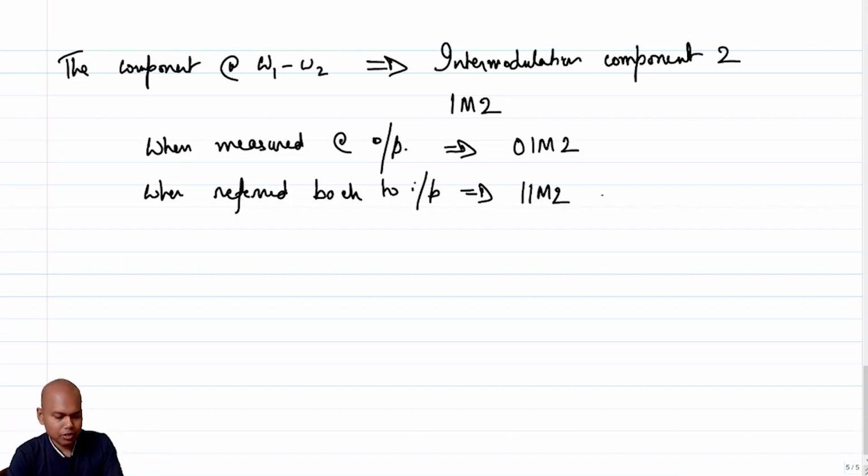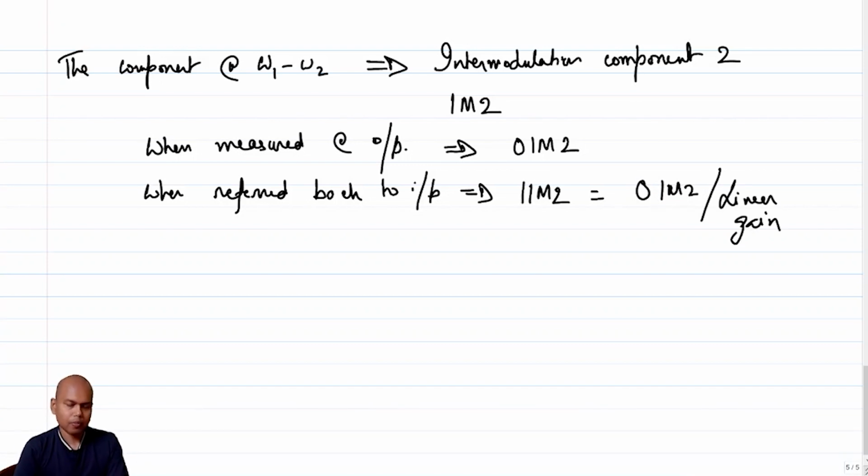So IIM2 is typically measured as OIM2 divided by the linear gain, right? And if you are in dBs, you basically subtract the gain, right? So that's how we measure it. But now what is the measure of?